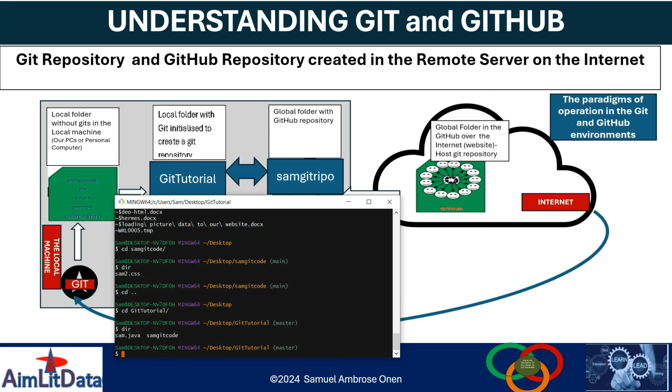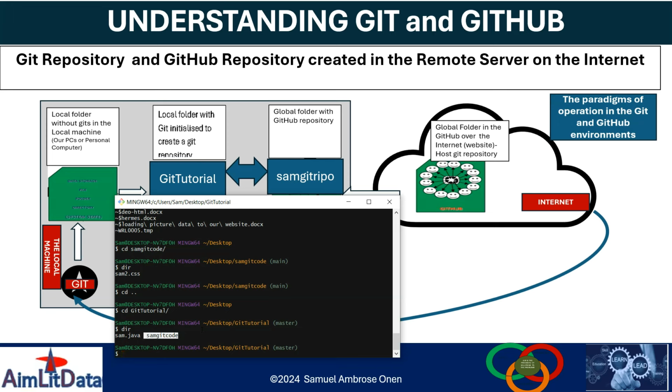Let's see what we have inside there. Yes, inside the Git tutorial folder, which is the local repository linked straight to GitHub, we have a .java file sitting there, and you can see I have put this Sam Git code inside there purposely, just to see how it works, I was doing some experiment.